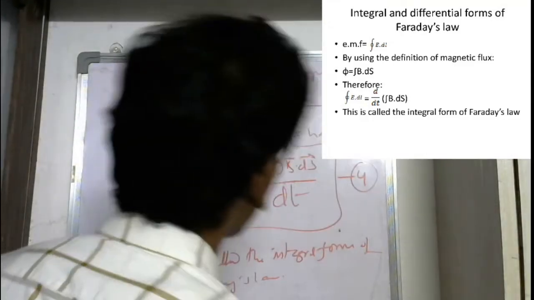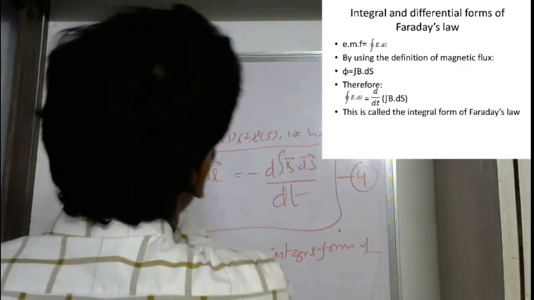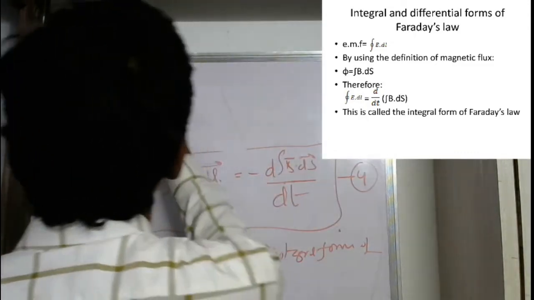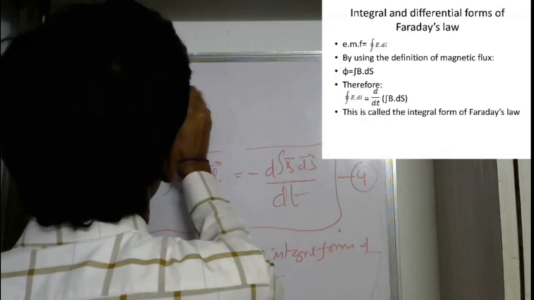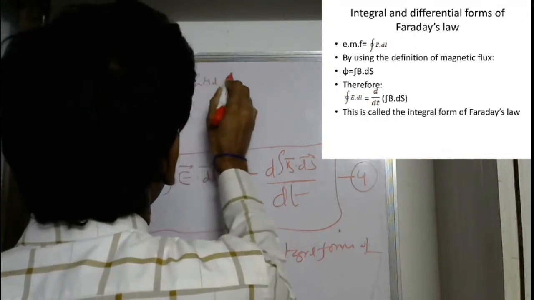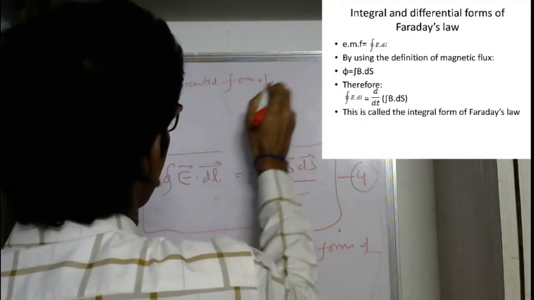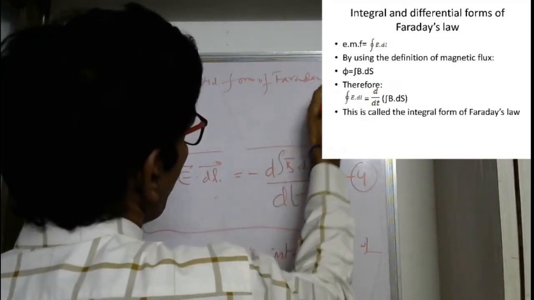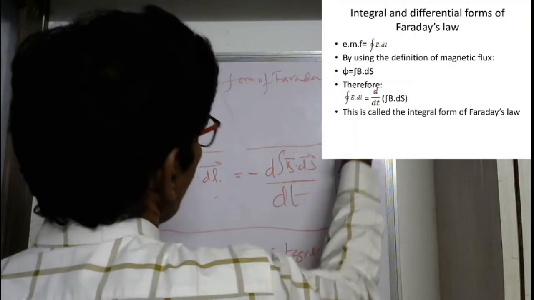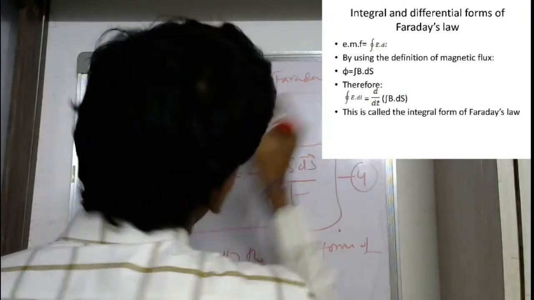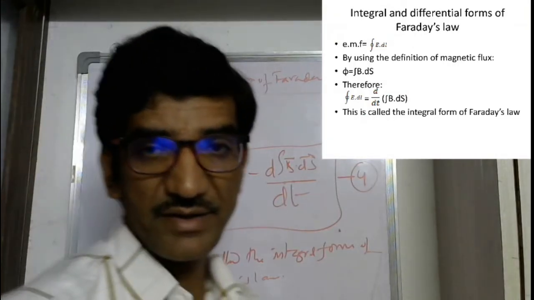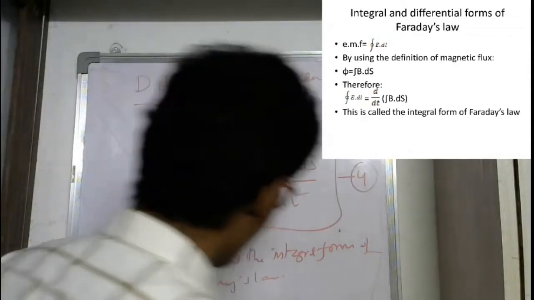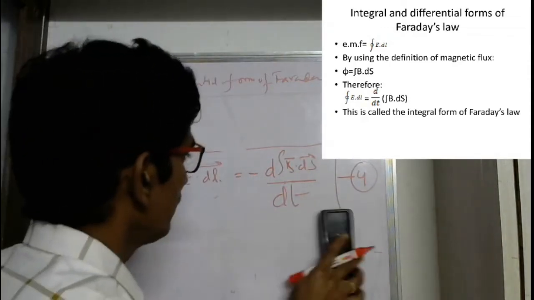Next, the differential form of Faraday's law. This is very important. It is a standard formula used everywhere in theoretical physics. This form is very popular. For that we have to start from the integral form.